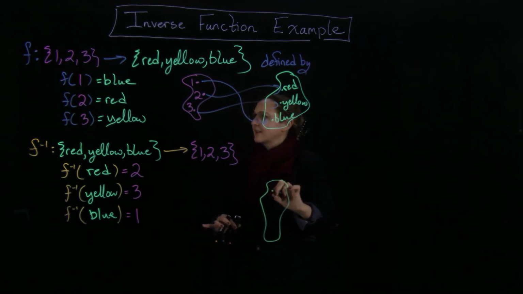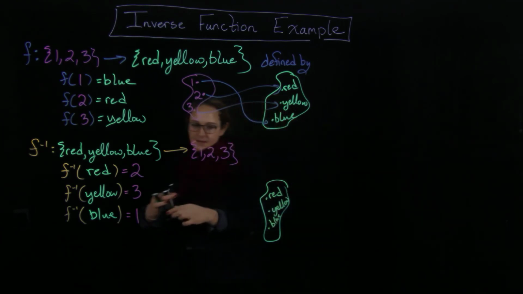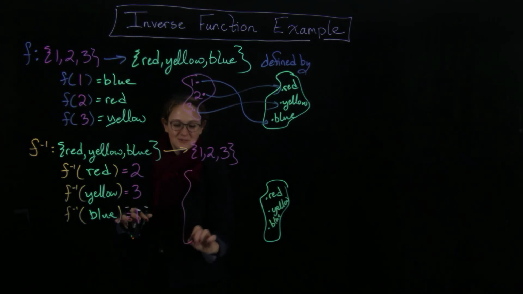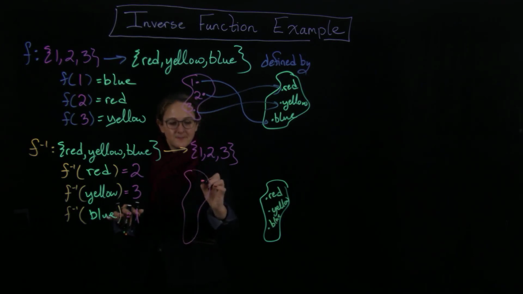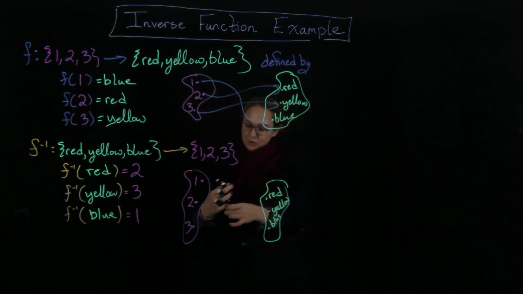So we have red, yellow, and blue. And then it's going to get mapped to 1, 2, 3. And we're just turning our arrows around, right? So red has got to go to 2.